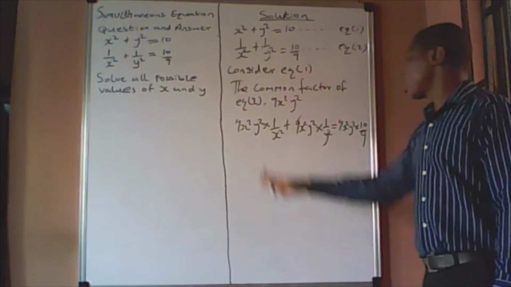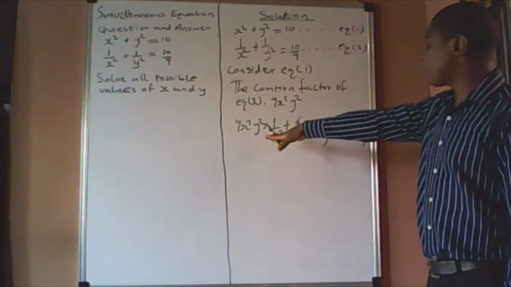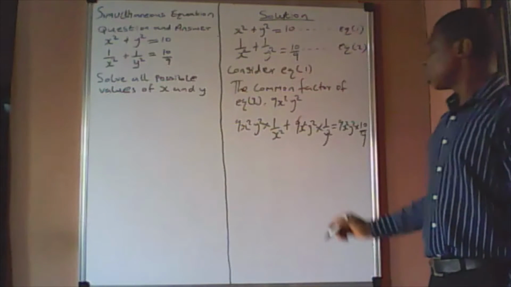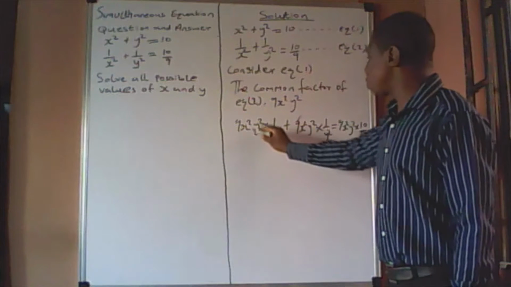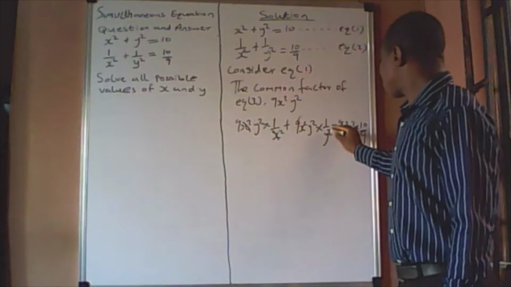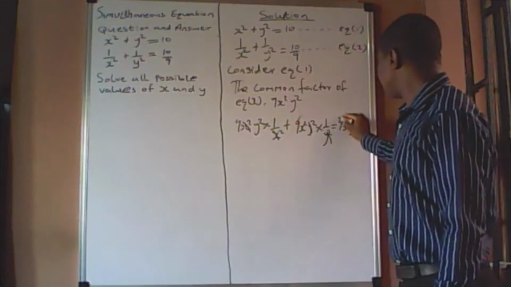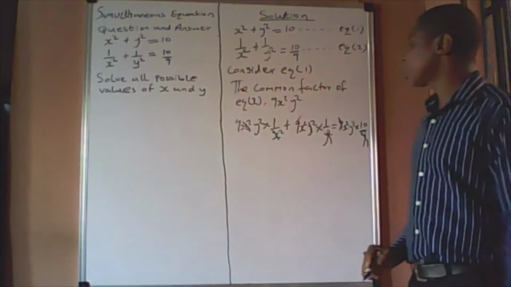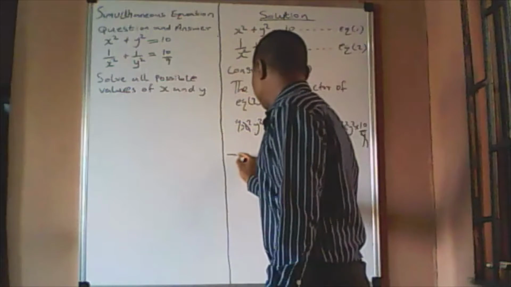Now we have multiplied all the terms by the common factor. Now x squared will cancel x squared, y squared will cancel y squared, 9 will cancel 9.